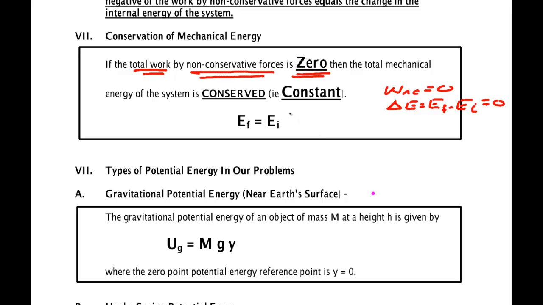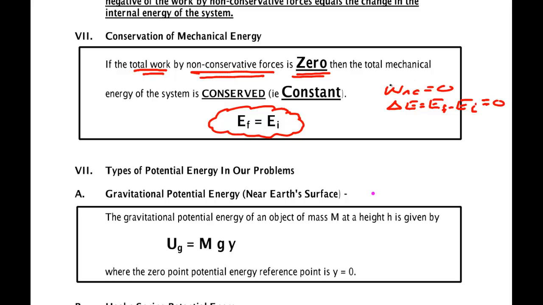And we rewrite that to say you can write the final energy of the system, and it has to equal the initial energy of the system. So we can draw before and after pictures of what the system's energy was before a thing started, and then at a later time, and compare the energies, and we know the total energy of the system has to stay the same.